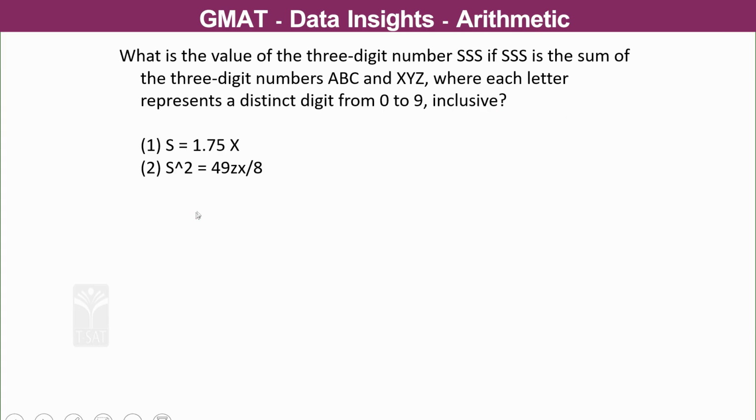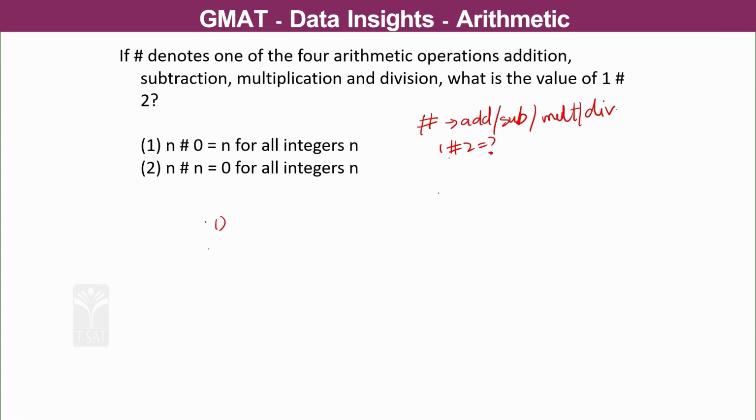The first statement tells us that n hashtag 0 is equal to n. So, let us check, can hashtag be addition? If it is addition, n plus 0 is equal to n. Yes, it can be addition. Can it be subtraction? Let us see, n minus 0 is again equal to n. So, yes, it can be subtraction.